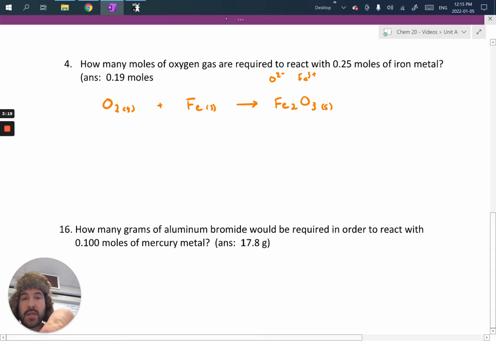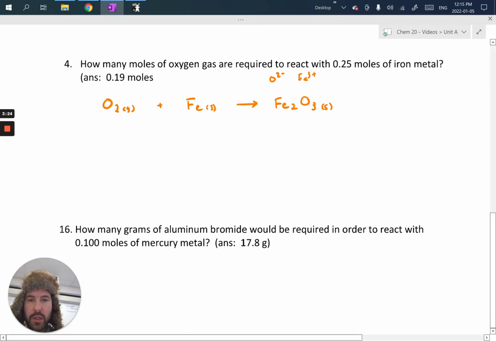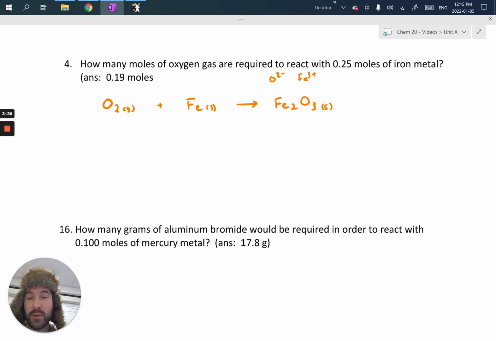Now we got to balance. And so when I'm balancing my equation, I'm going to look for sort of the biggest subscript and work backwards from that. So I see I have 3 oxygens over here, and then I have O2. You guys got to know your diatomics. Oxygen is O2. You're super 7 on your periodic table. And you just got to have it. Okay, so oxygen is O2.